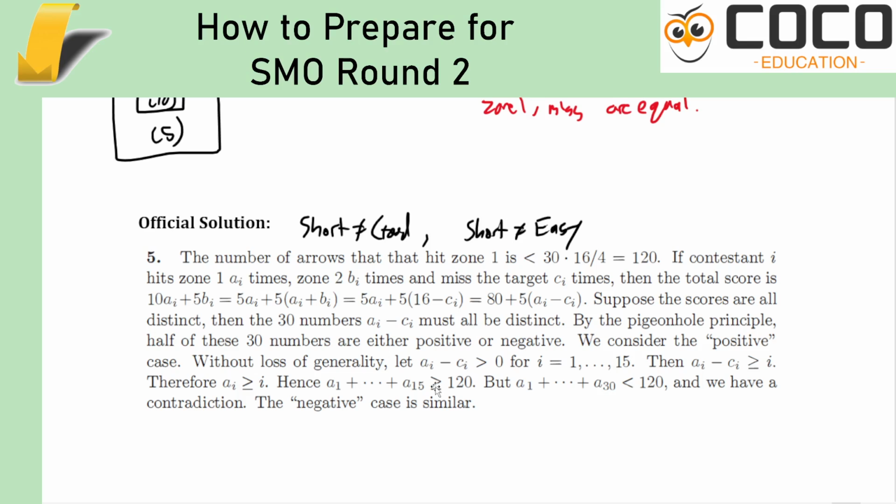So this is a case where the solution is practically pointless apart from a few keywords, which is that there's a pigeonhole principle. Positive or negative is somewhat important, and scores are all distinct is basically supposed by contradiction. Now, the word contradiction never showed up in the solution here, but it is a proof by contradiction nonetheless.